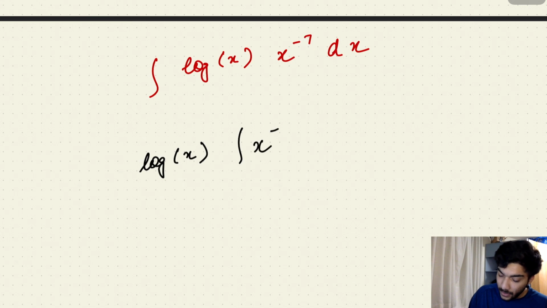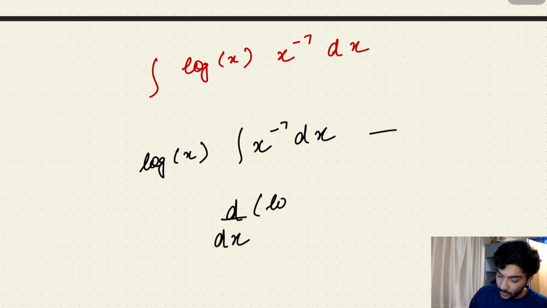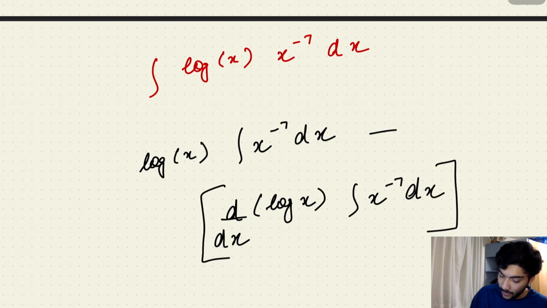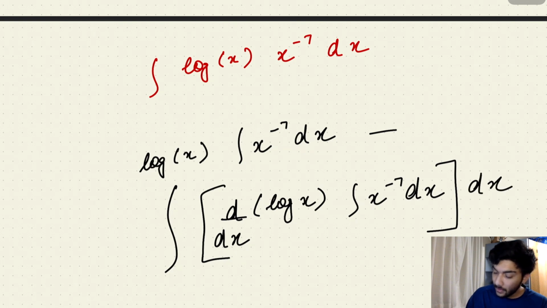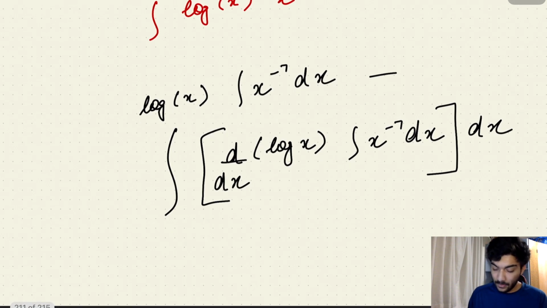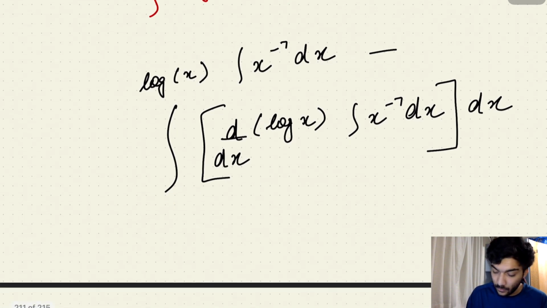We'll calculate the integral of the second function minus the differentiation of the first function and then integration of the second function again, and then whatever we have as the answer to this expression, we'll take the integral of this whole expression and we'll adjust the constant of integration at the end, right? When we have solved the whole question, we'll add the constant of integration at the end.